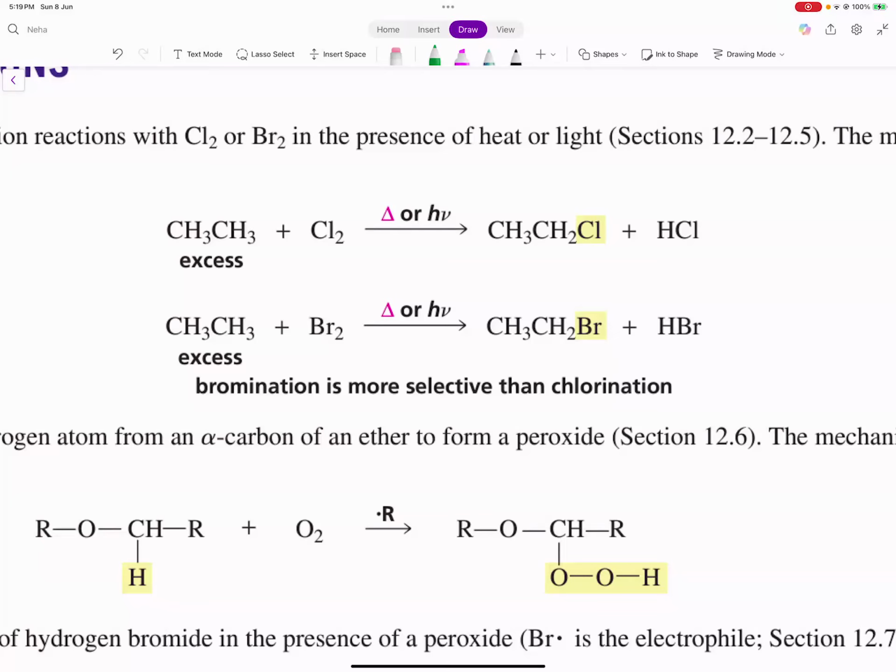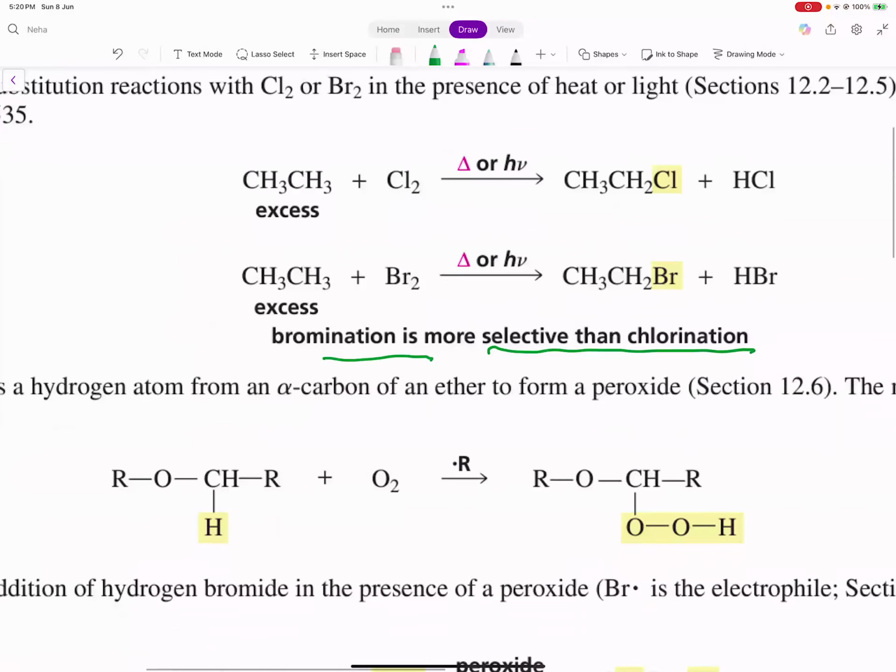So dihalogenation, trihalogenation can be checked if we use excess CH3, because larger concentration means that Cl dot will only react with CH3. If it starts reacting with this one also, then another chlorine will get substituted. We just wanted monochlorination, and bromination is more selective than chlorination. This we know.